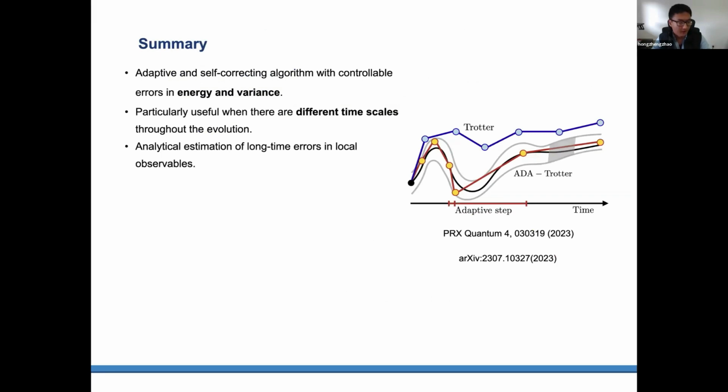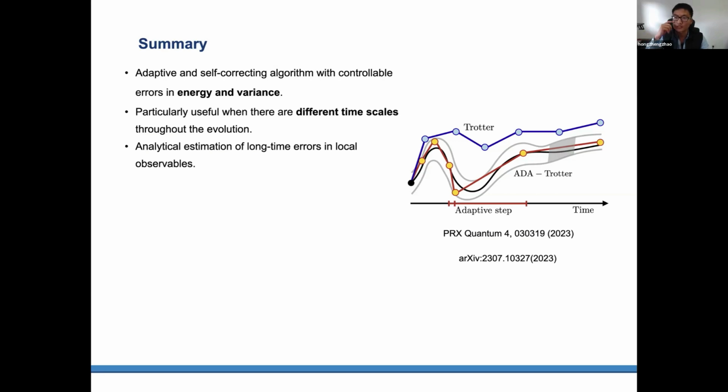Okay, so in the end, I would like to briefly summarize my presentation. Here I gave you an example of an adaptive and self-correcting algorithm with controllable errors in energy and energy variance. The energy variance is surprisingly crucial for this purpose, and it's particularly useful if you have different time scales throughout your time evolution.